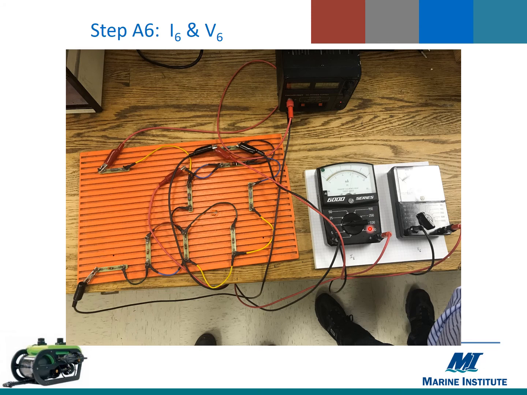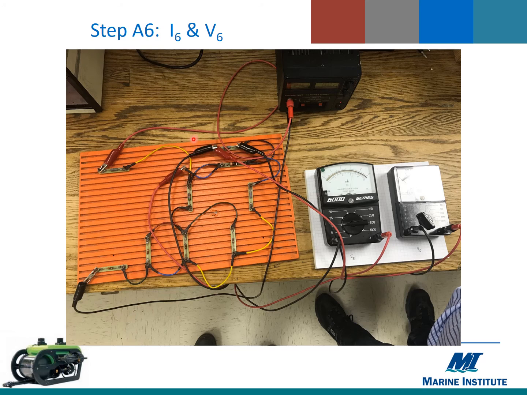So now the current must go through the milliammeter, come back out through the black lead and go into the resistor. For the voltage then, this red lead here is connected to the positive terminal of the voltmeter. The negative terminal of the voltmeter comes back to the right side of the resistor. And so think about when you connect the polarity of the voltmeter, about how you would mark the polarity of the resistor on the circuit, and it would indeed be positive on this side and negative on this side with the direction of assumed current.